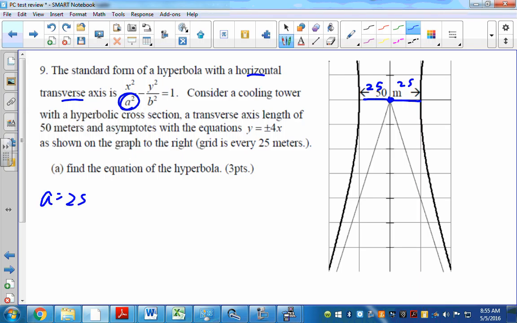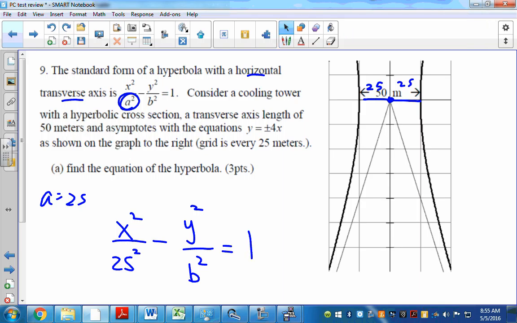Okay, so right now we have x squared over 25 squared. We're going to have to figure out the B number, right? B squared. And we can do that by looking at the equations of the asymptotes. So we know that the slope is 4. So if this is the center of the box, one of the corners is right here.